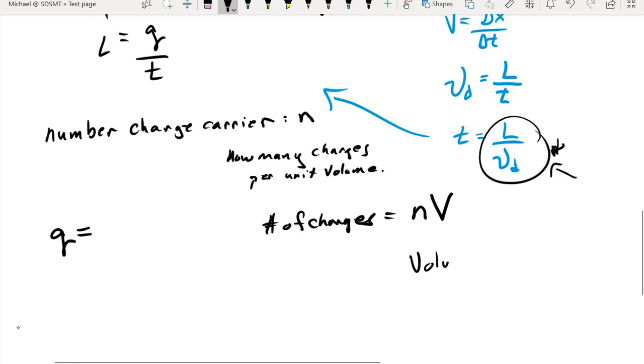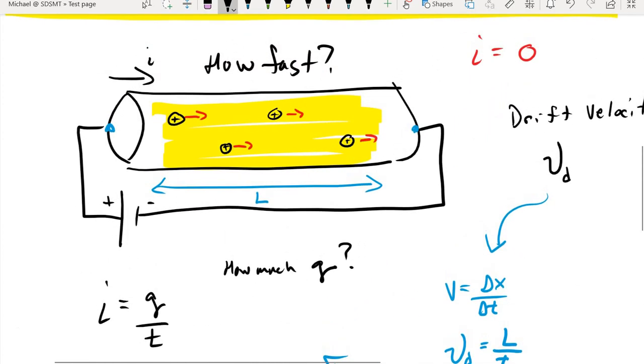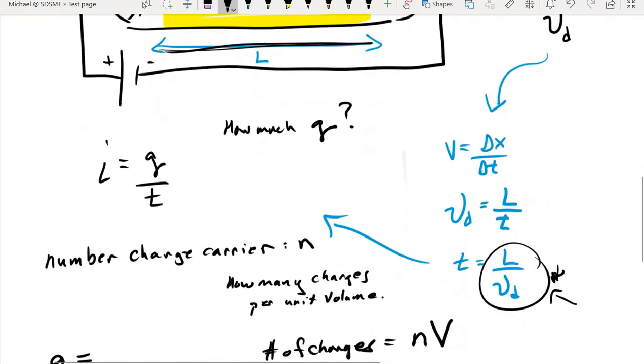Okay, well, what is the volume of our conducting material? We come back up here. We've done this a couple of times already, but we can get the volume by multiplying the cross-sectional area times the length. So we have our cross-sectional area, A. We have our length, L. That gives us our volume.